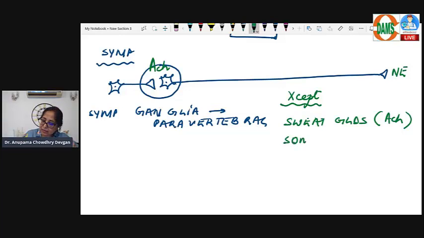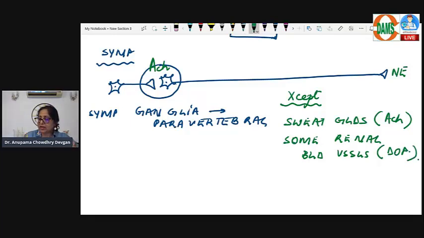Also, in some renal blood vessels, not all, the postganglionic sympathetic nerve fibers secrete dopamine. Predominantly, postganglionic sympathetic nerve fibers to renal blood vessels secrete norepinephrine, but in some renal blood vessels, the postganglionic sympathetic nerve fibers are dopaminergic.